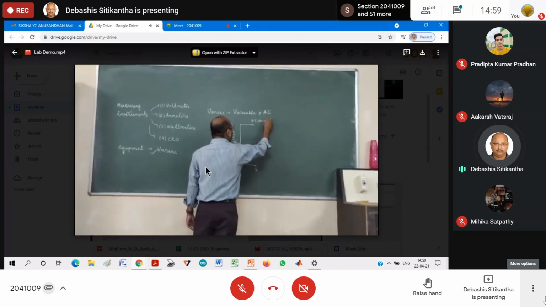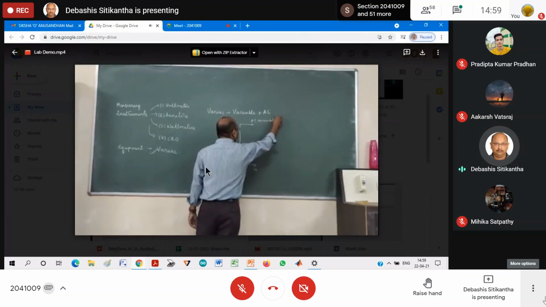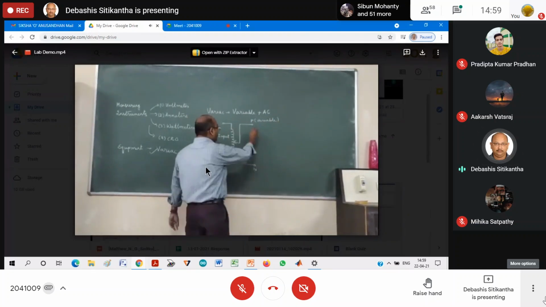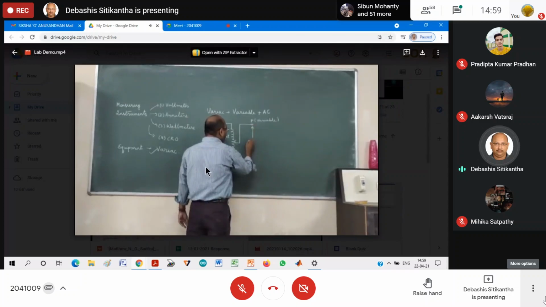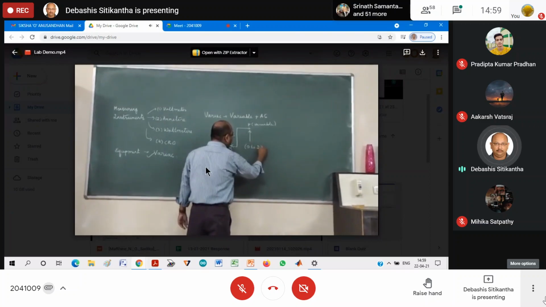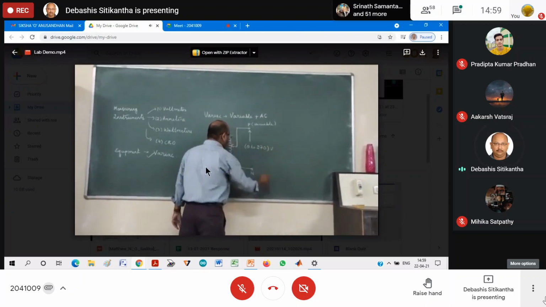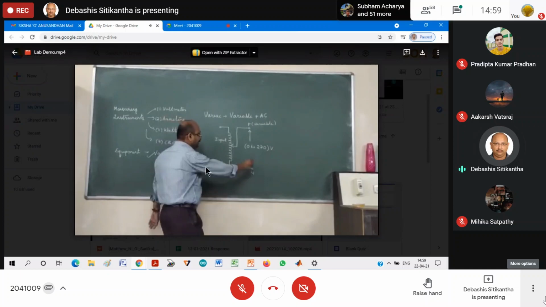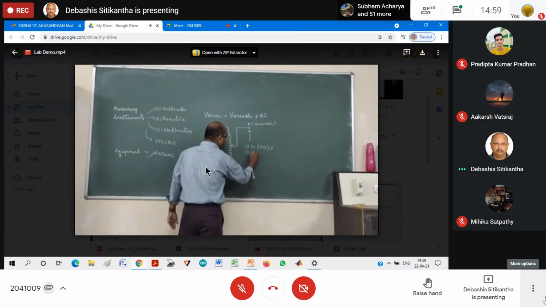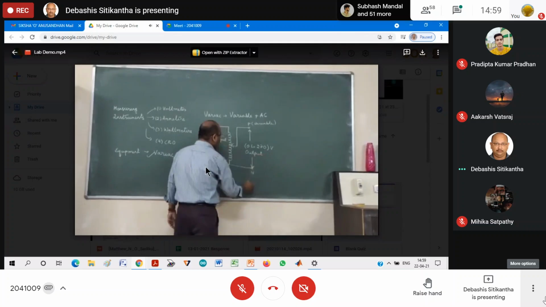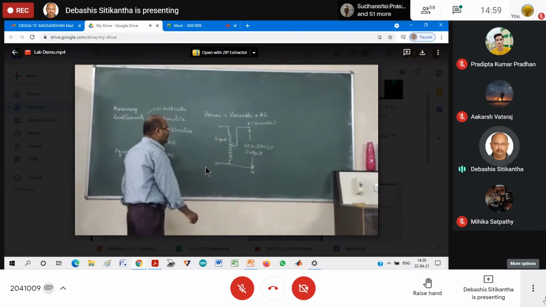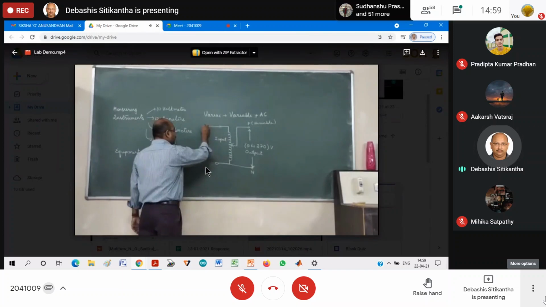That means over here you can get a voltage of your choice, starting from 0 to 270 volt. This side is the input to the variac, so obviously you are going to connect it to an AC voltage source.